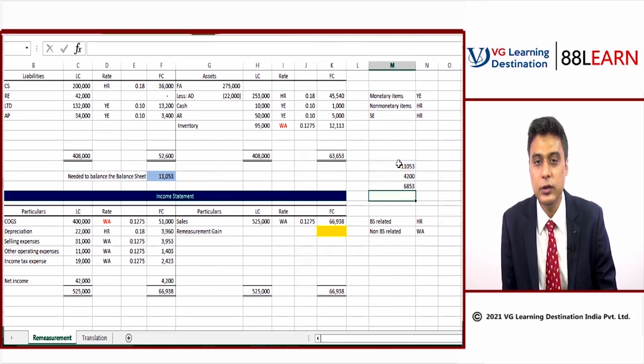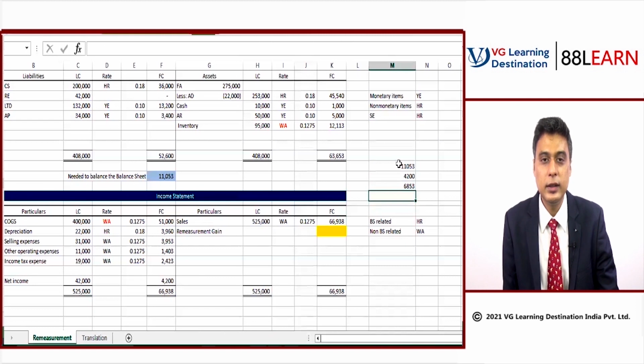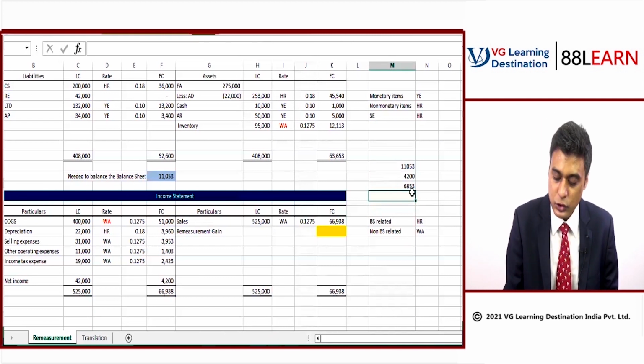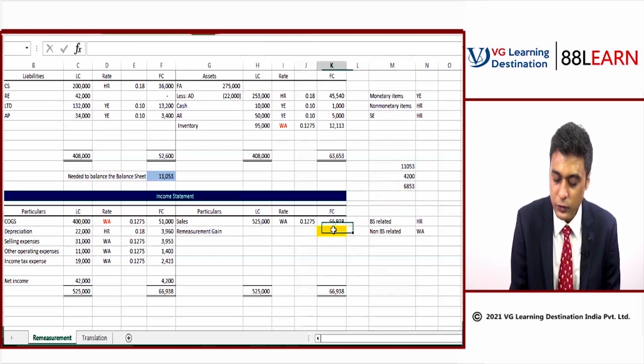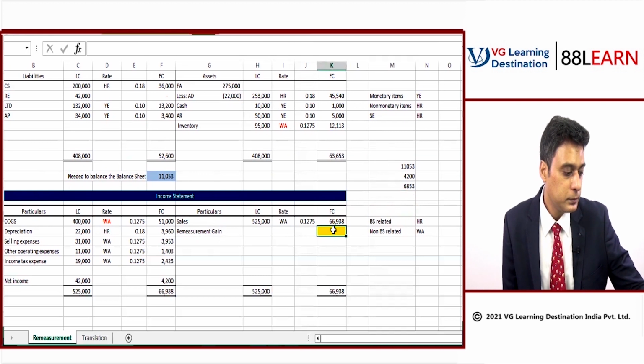An additional 6,853, so that we get the retained earnings to the desired amount to make the balance sheet balance. So that means we will have to book a remeasurement gain of 6,853.